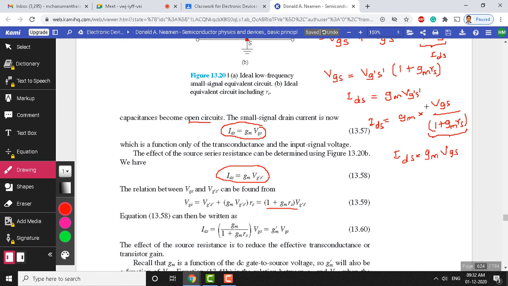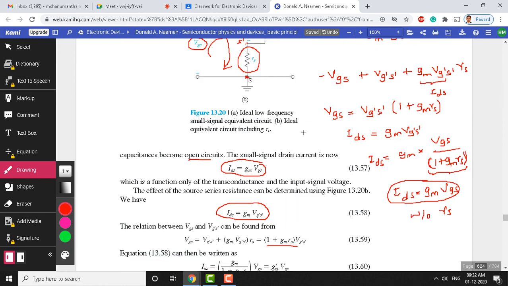Now compare these two equations. This is without RS, and this is with RS. With RS the current has decreased. Without RS the drain to source current is large. Because of this factor in the denominator, the drain to source current has been reduced with RS.